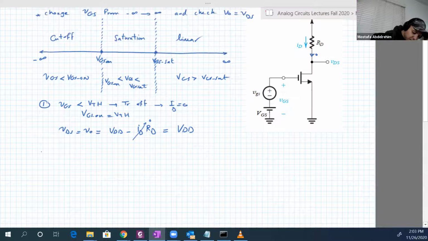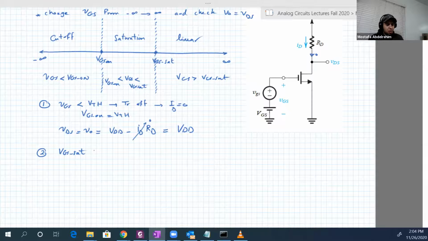So the second point now, VGS set. This is the point at which the transistor will go from saturation to linear if VGS is increasing, or if VGS is decreasing, it will transition from linear to saturation.